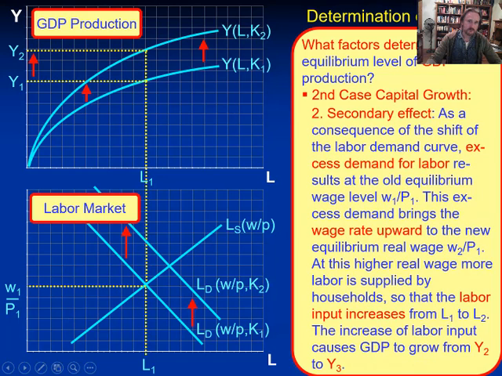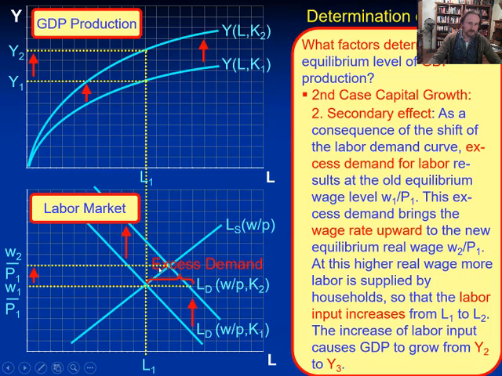As a consequence of this shift of the labor demand curve, excess demand for labor results at the old wage rate. This excess demand brings the wage rate upward to the new equilibrium real wage rate, W2 over the old price level.